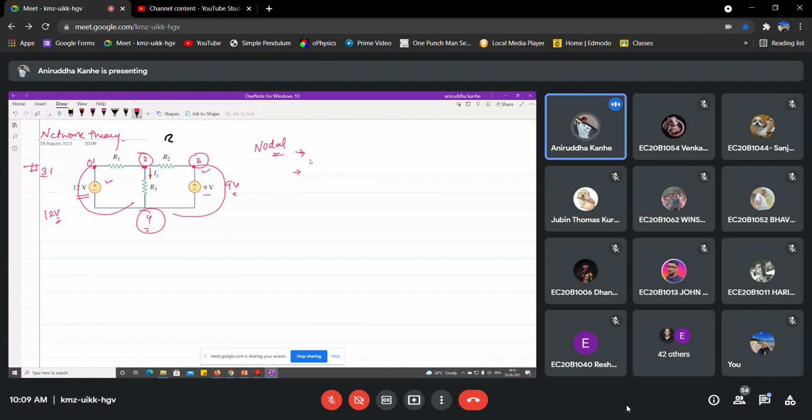I will write it again: the node under consideration is at the highest potential, and unless otherwise mentioned, you have to always consider the current as outward with respect to the node under consideration.